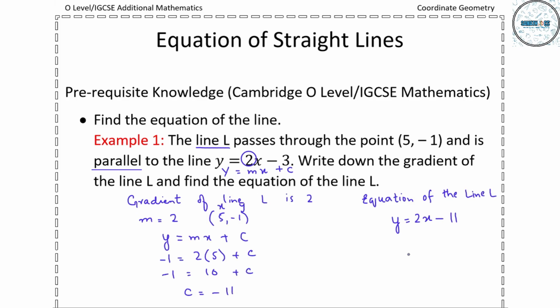So y = 2x - 11 is the equation of the line L, which is passing through the point (5, -1) and parallel to the line y = 2x - 3.